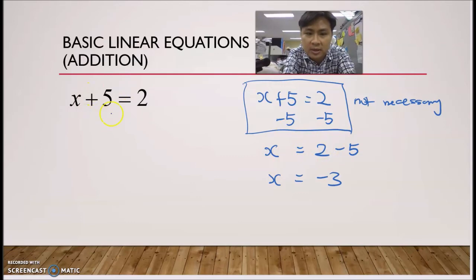Just identify the operator that you need to use. You see a plus 5 here, you need to minus 5 to remove it. When you minus 5 on the left side, you should also minus 5 on the right side. So straight away you can write down x equals to 2 minus 5, and from there, x is equals to negative 3. Are we clear about this?